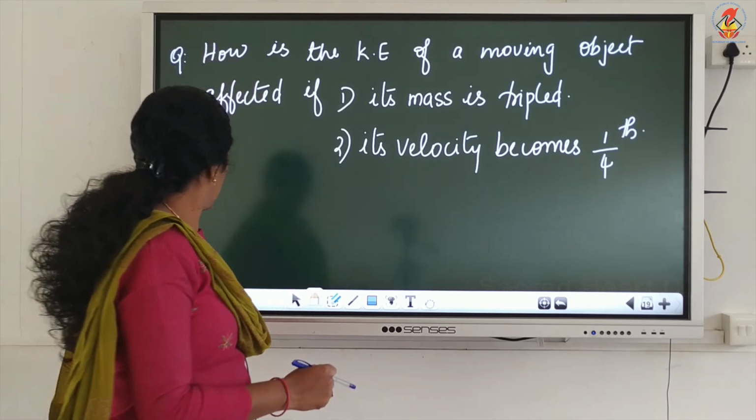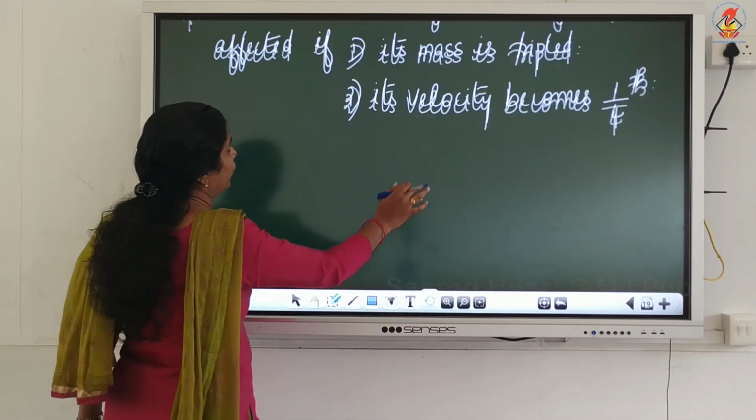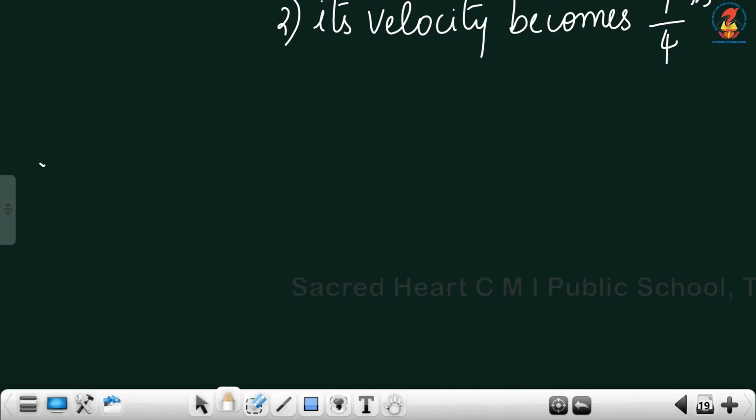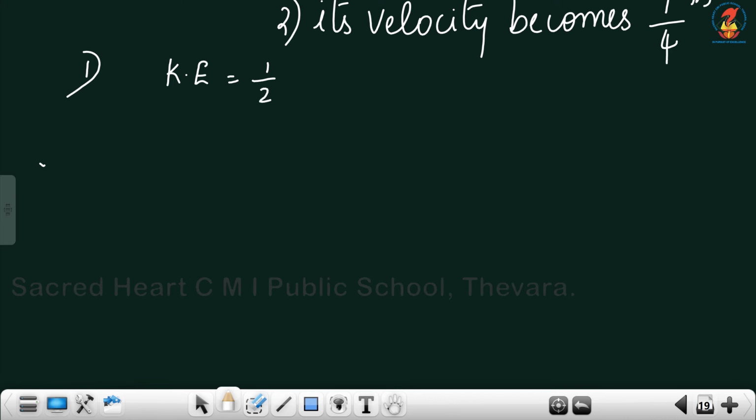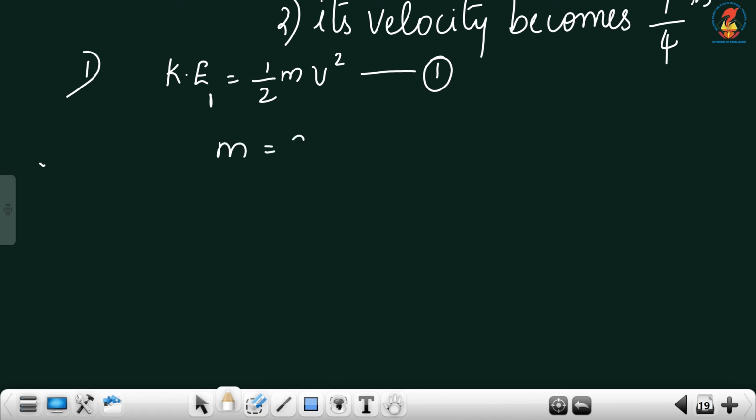Okay. So, first case we will do. First part, we know the equation to find kinetic energy, that is half m v square, name it as KE1, equation 1. Now, according to this question, mass is tripled. So, m is equal to 3m.